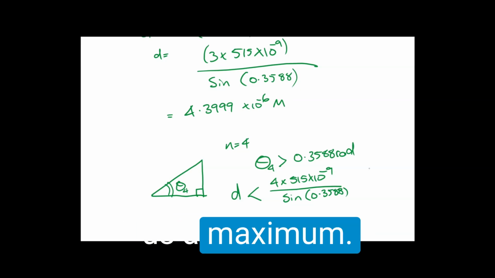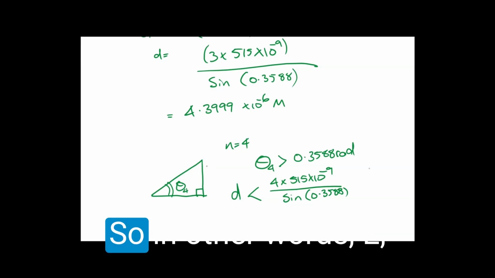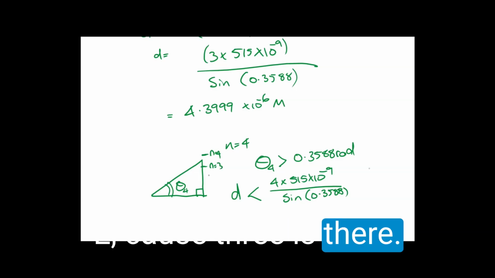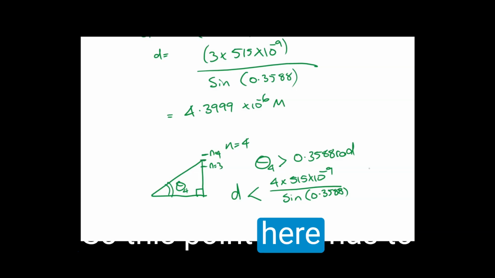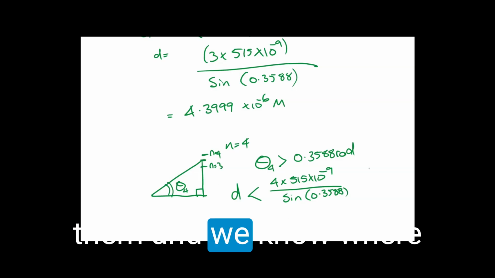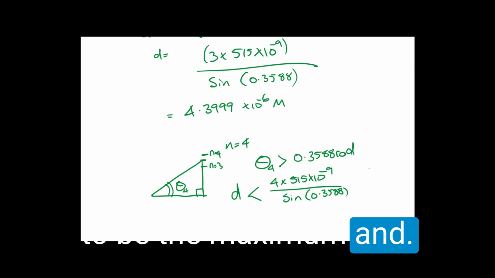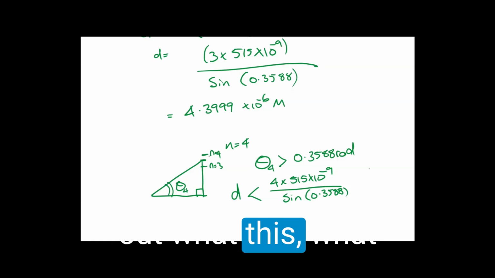So it's going to give us a maximum. In other words, n equals 4 is there, and n equals 3 is there. So this point here has to be somewhere between them. We know what n equals 3 would need to be, the maximum, and now we need to work out what this is going to be.